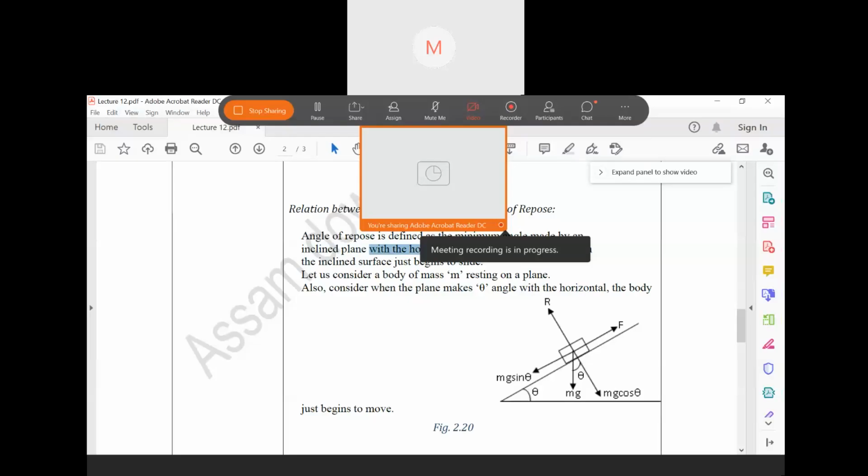Suppose you are trying to incline that plank. What will happen? Eventually that plank will try to slide down, like this one.